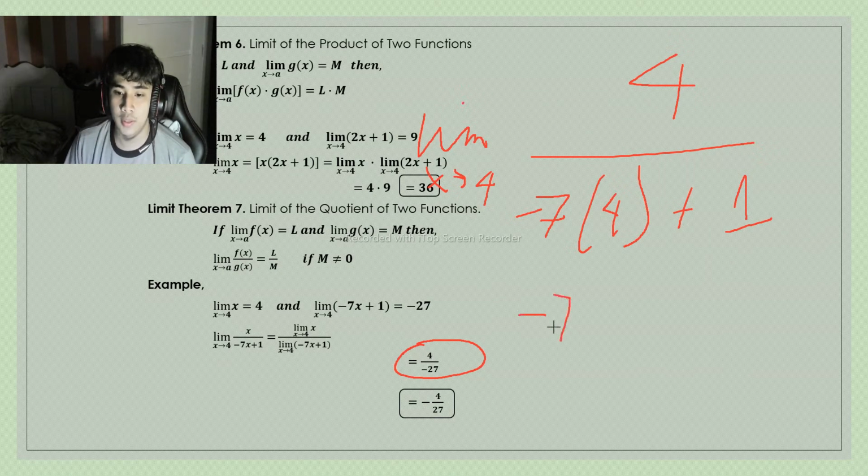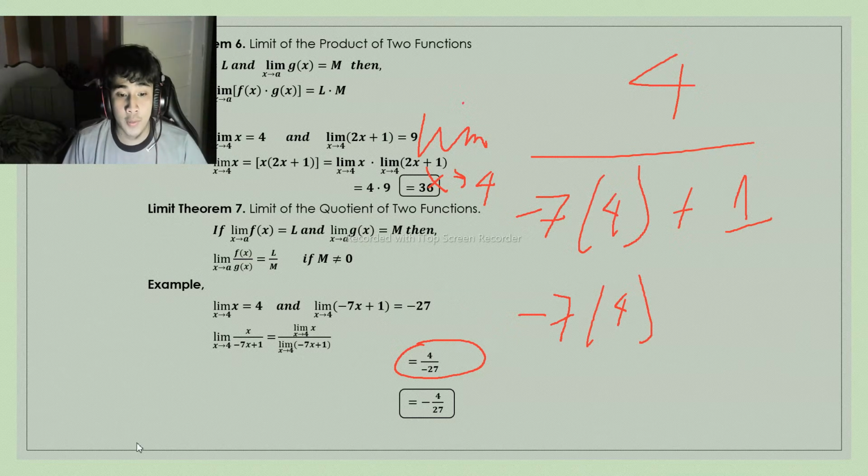So negative 7 times 4 is equal to negative 28 plus 1 will give us negative 27, and our answer will be 4 over negative 27.